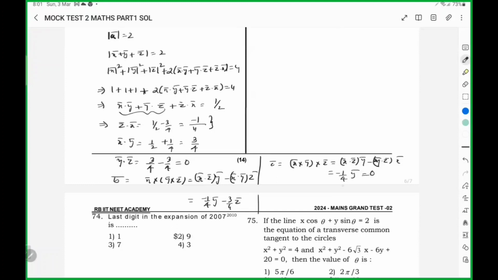So here we got C̄. So that is B̄ equal to C̄ minus 3/4 z̄. So 3z/4 is C̄ minus B̄.